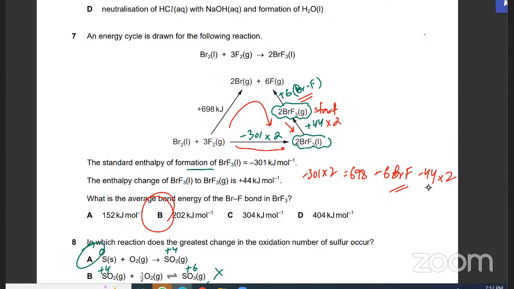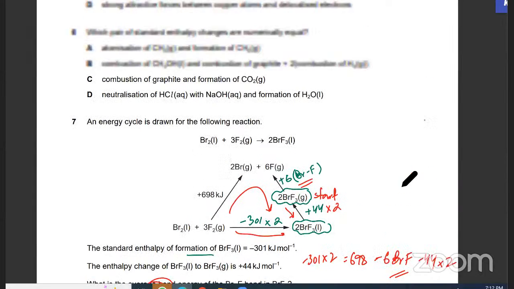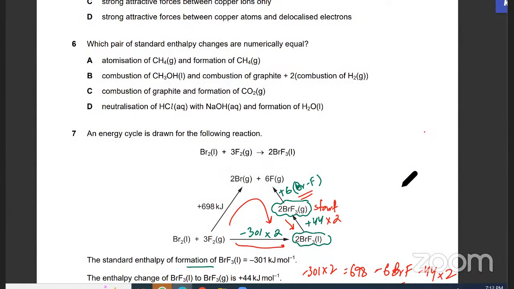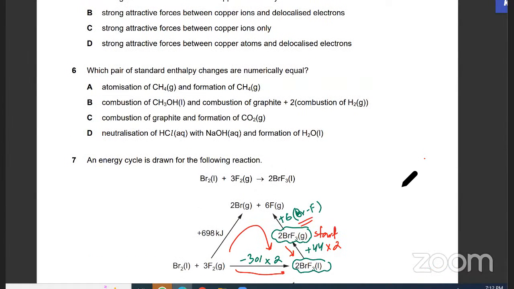Is this clear? And the last one is: which pair of standard enthalpy changes are numerically equal? You haven't done atomization, so leave that. Combustion of ethanol and combustion of graphite plus 2 combustion of hydrogen, is this equal?